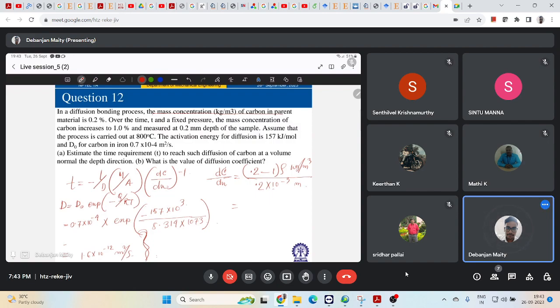Fine. So here I am getting minus 4 into 10 to the power 3 into rho kg per meter to the power 4. This I can calculate with a small calculation. So I have found dC/dx in terms of rho.